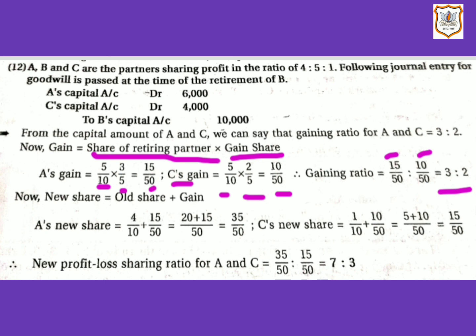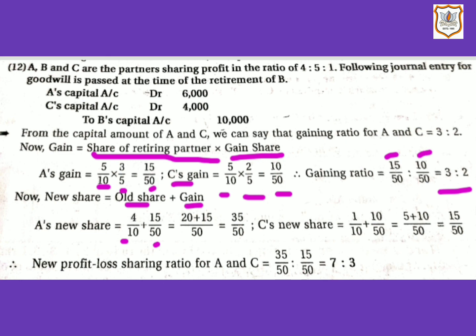Now we are able to find out the new share, where the formula for new share is equal to old share plus gain. So let's obtain A's new share, which is equal to 4/10, that is A's old share, plus 15/50, that is A's gain.